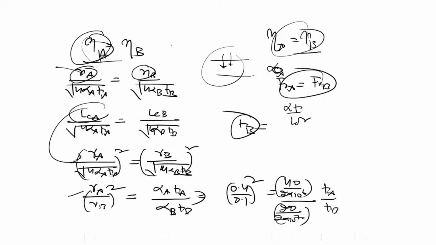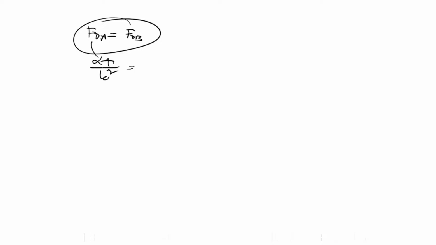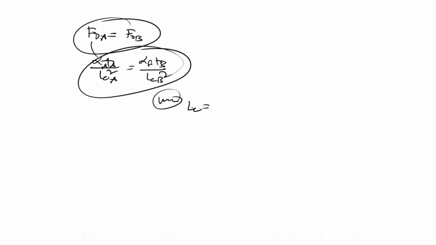In such types of problems, you should simply equate the Fourier number for A equal to the Fourier number for B. And the Fourier number is nothing but alpha T upon LC square. Alpha A TA upon LCA square equals alpha B into TB upon LCB square. Clear? Note, very important: where LC is for a cylinder and sphere, LC should be radius only.